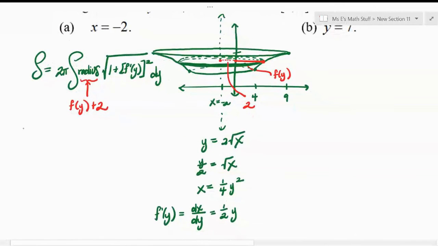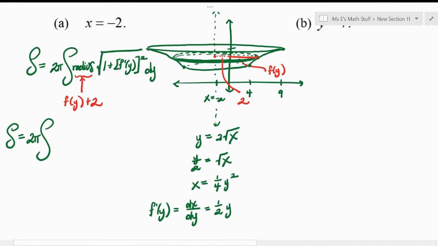Now moving on from there, our surface area would be 2 pi. What kind of bounds would make sense? We're doing a dy integral, and so I hope it makes sense. We're going from 4 to 6 on the y-axis, even though I erased that.